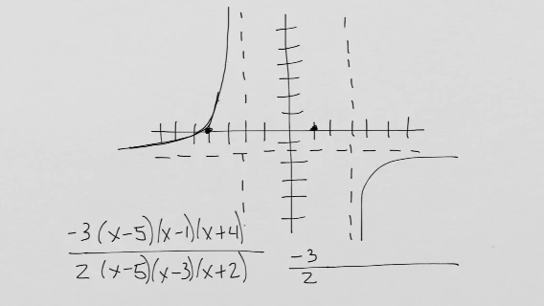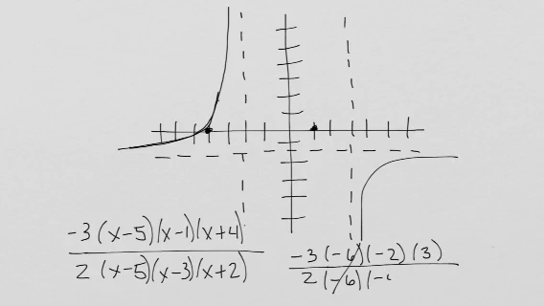That stays the same. Negative 1 minus 5 is negative 6. Negative 1 minus 1 is negative 2. Negative 1 plus 4 is positive 3. Negative 1 minus 5 is a negative 6, and that cancels out.